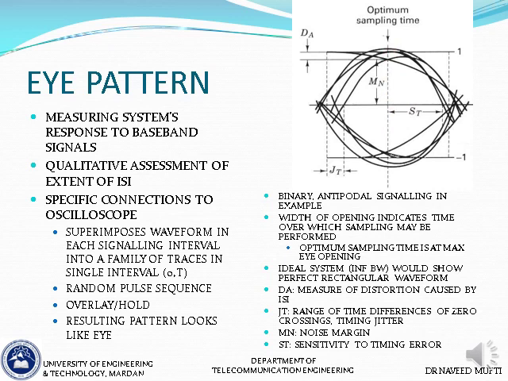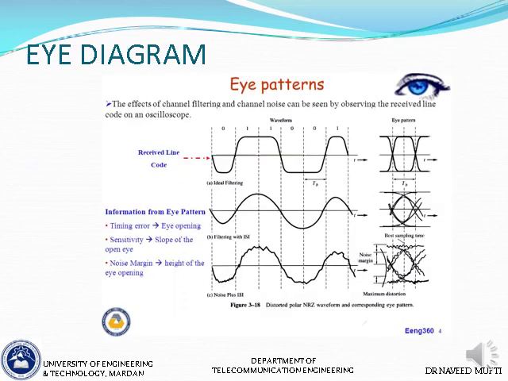So let us look at another example to understand the eye diagram, eye patterns. The effects of channel filtering and channel noise can be seen by observing the received line code on an oscilloscope. Let us say, for example, it is one of the PCM waveforms, probably NRZ-L, because it has a positive voltage for 1 and a negative voltage for 0.